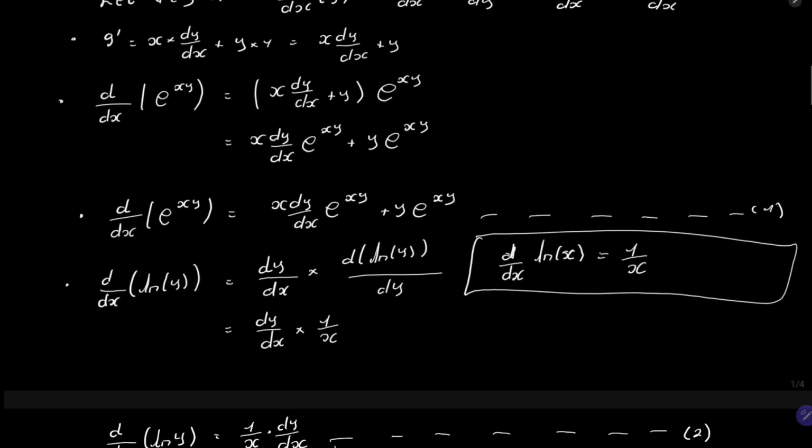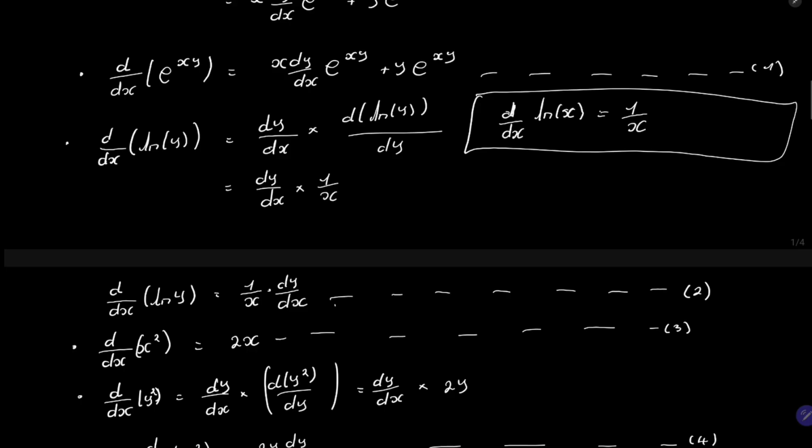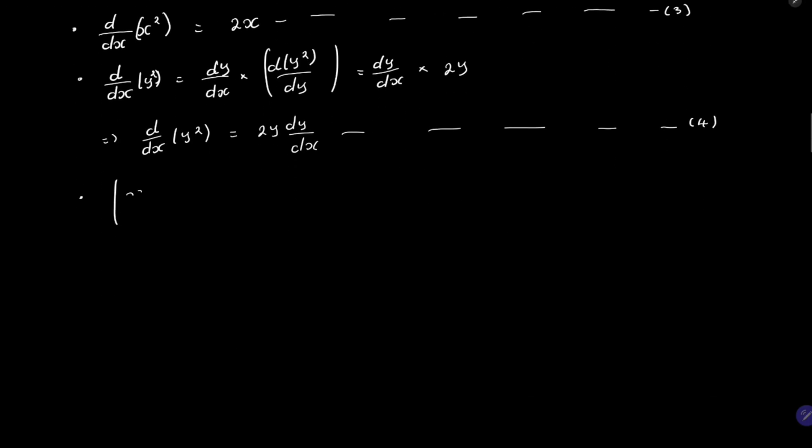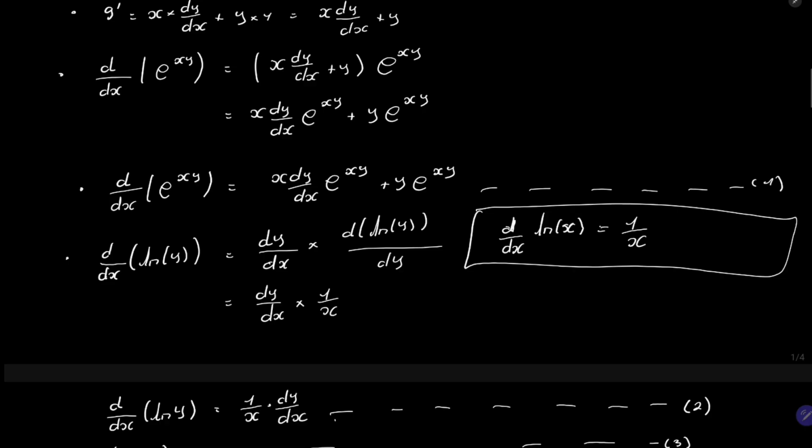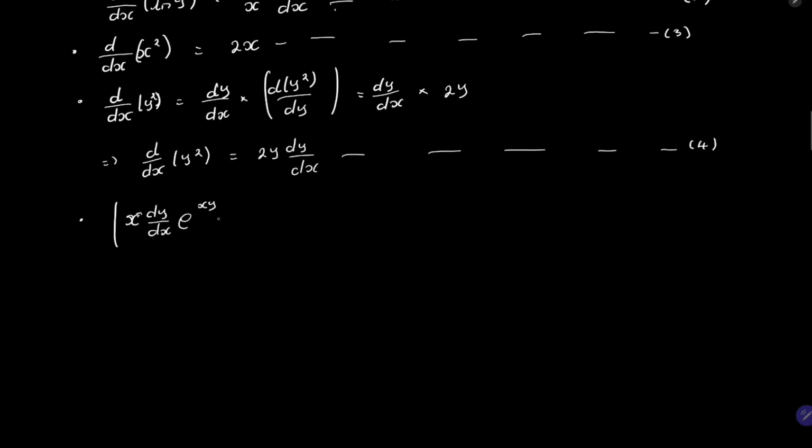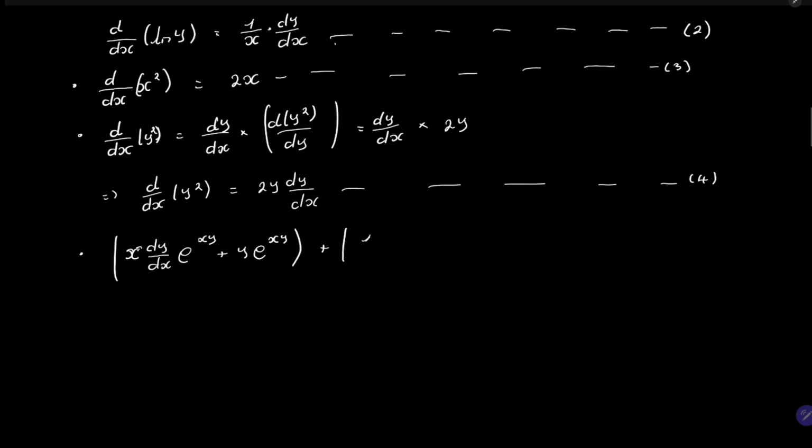Our first term is x dy on the x e to the xy plus y e to the xy, plus our second term, which is 1 on x dy on the x, equals our third term, which is 2x, minus our fourth term, which is 2y dy on the x.